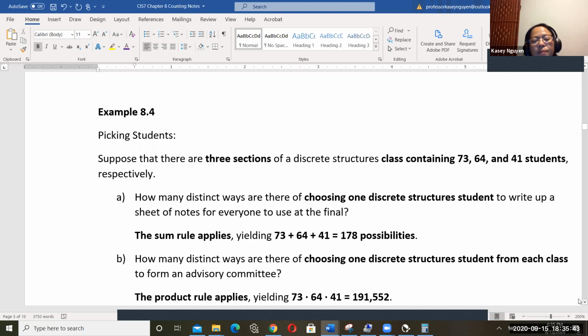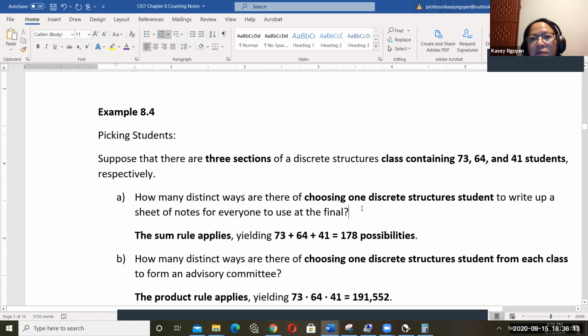Now, pay attention to how the question is asking. So whenever you see the word distinct ways is when you have to apply the sum rule and looking at the permutation. So it asks you how many distinct ways are there of choosing one discrete structured student to write up a sheet of notes for everyone to use on the final exam.